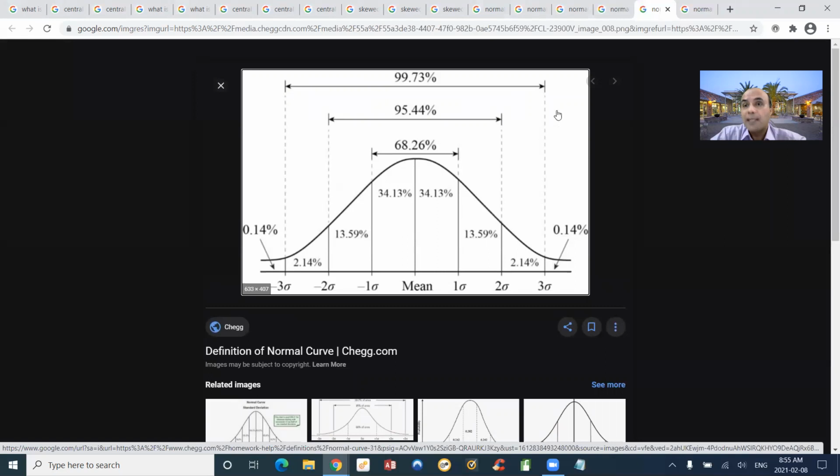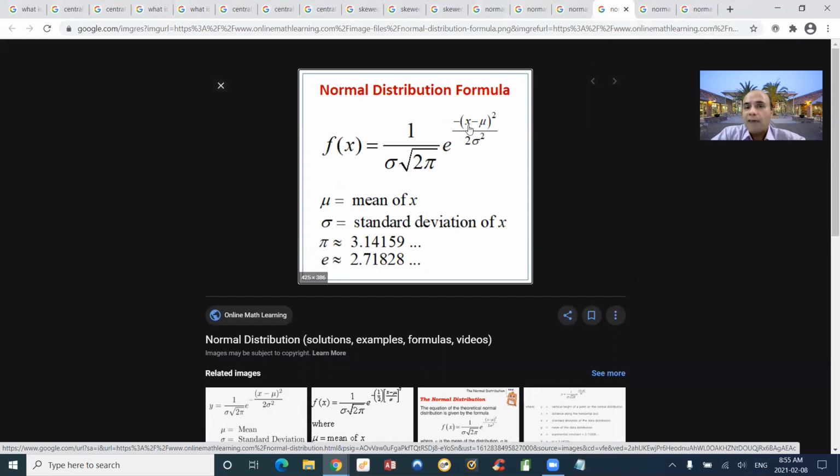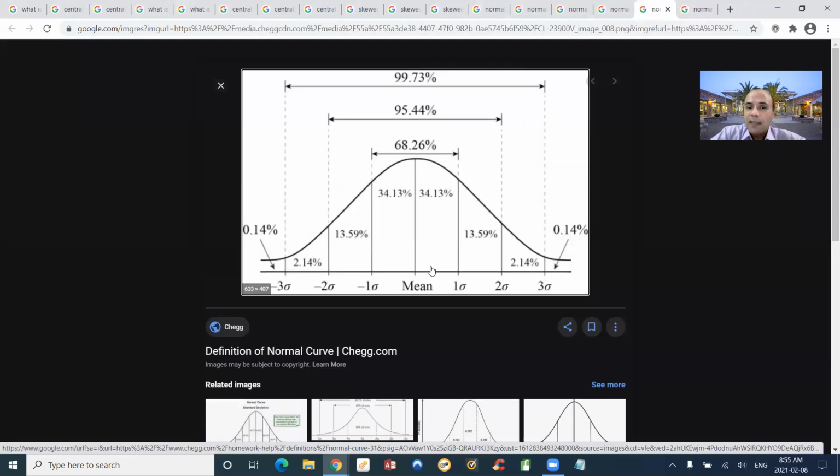You don't bring a negative sign to it. Inherently, it's going to be negative. So what do we have? We have x minus the mean to the power of 2, and underneath the fraction, you have 2 sigma to the power of 2. So this formula is stressing the distance that the x has compared to the center point. The center point speaks volumes.